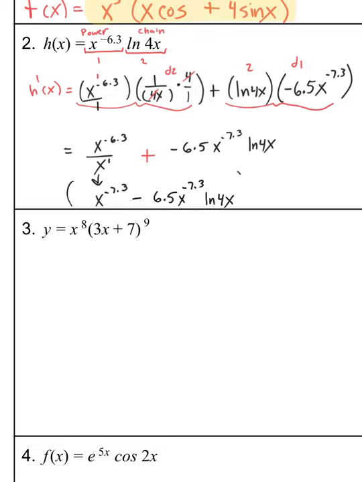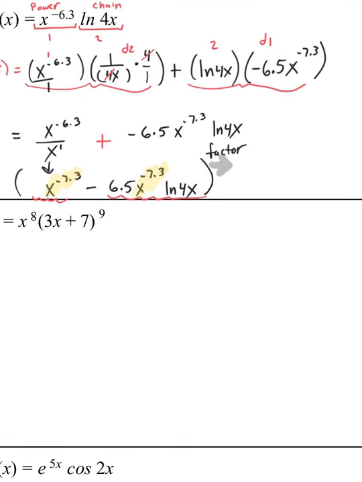There we go. Now, think of this as one binomial. I have this term minus this term. As you can see, I can factor out an x to the negative 7.3. All right, so when I factor this, I'm going to put that, of course, out front. So it's going to look like this.